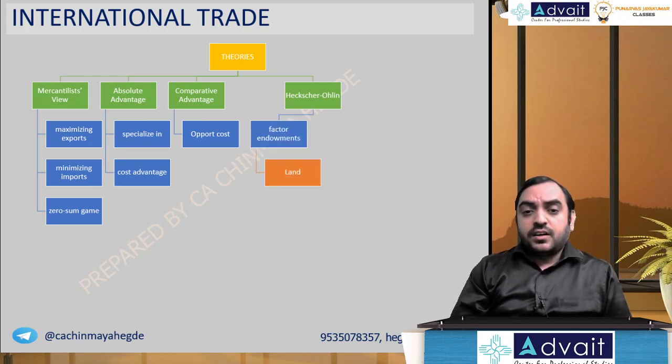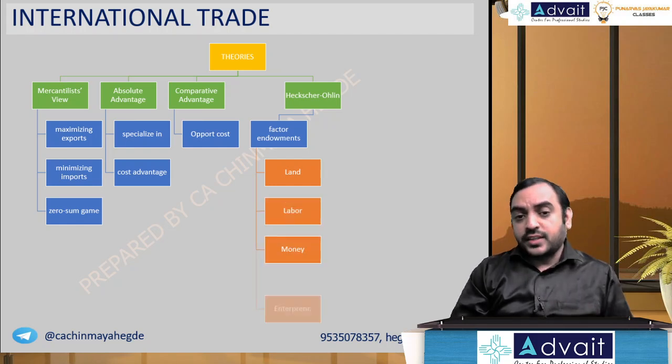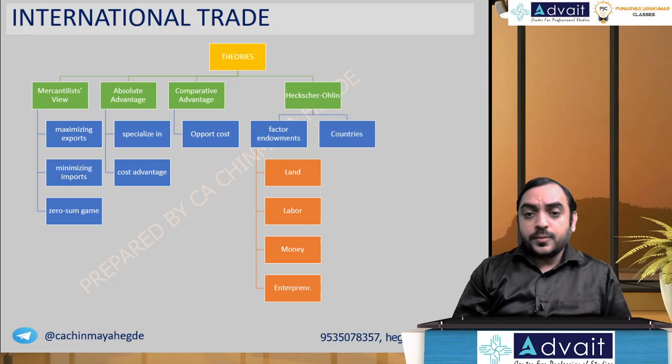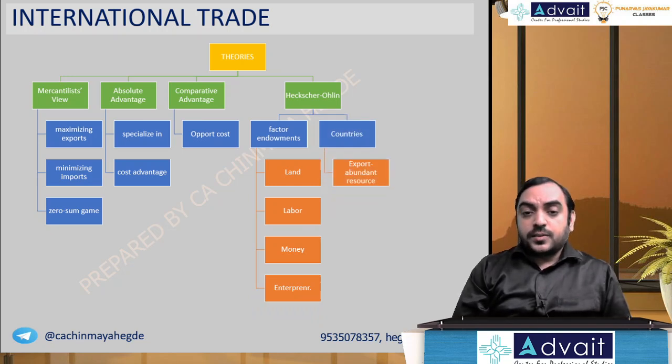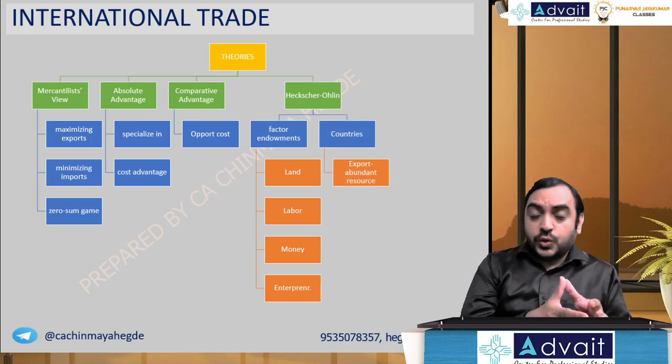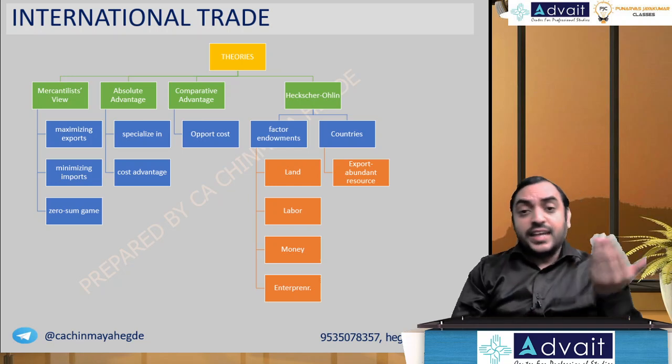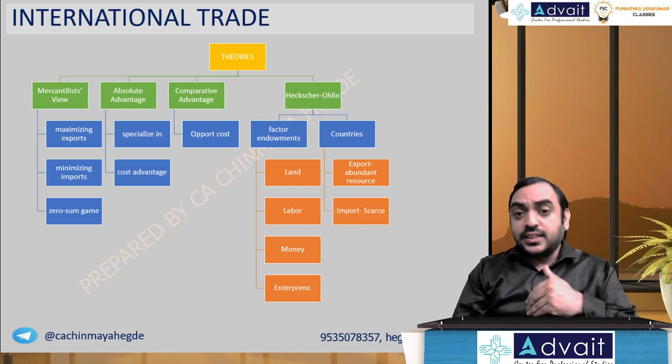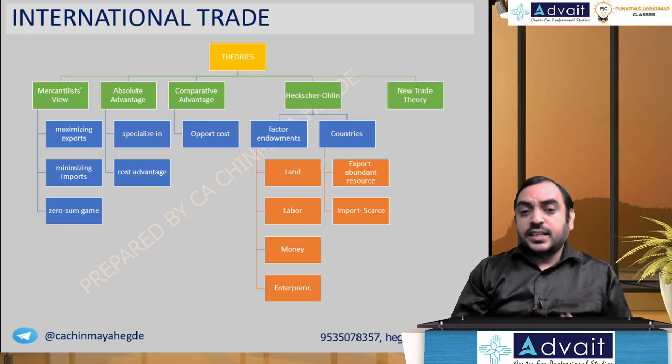Then we have Heckscher-Ohlin, two people's theory. They talked about factor endowments, that is land, labor, capital, or you can say money, entrepreneur. Countries which have one resource or one abundance will export it, and others who don't have it will import it.